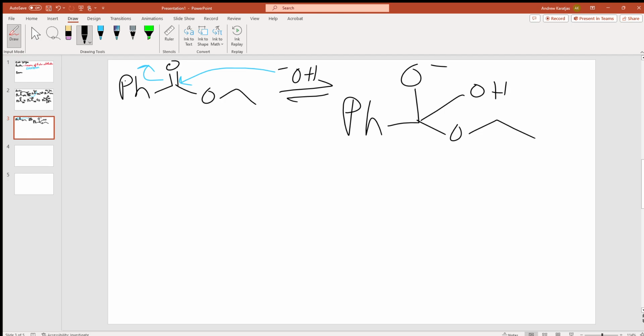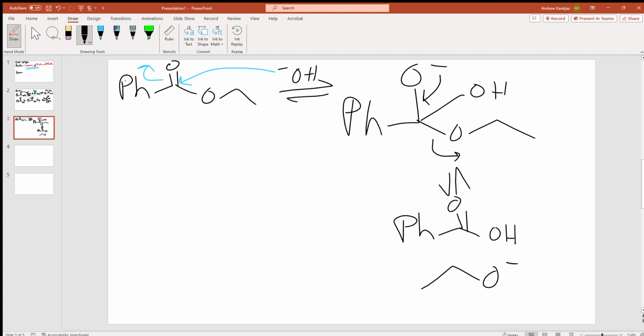And then O- can add its lone pair back in to our tetrahedral intermediate and kick out what you're probably going to say is a bad leaving group, ethoxide. And if you said that that was a bad leaving group, you'd be right.